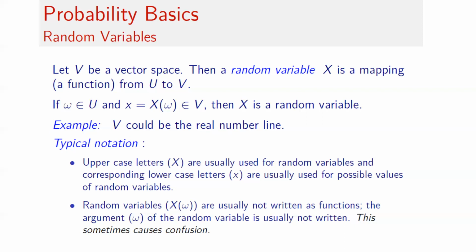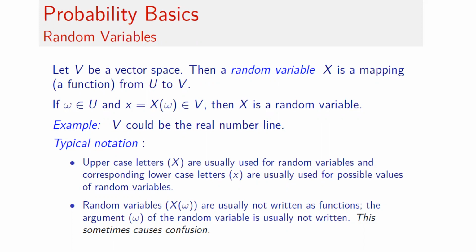Random variables, for example capital X of omega, are usually not written as functions. The argument, for example omega in this part, is usually not shown.